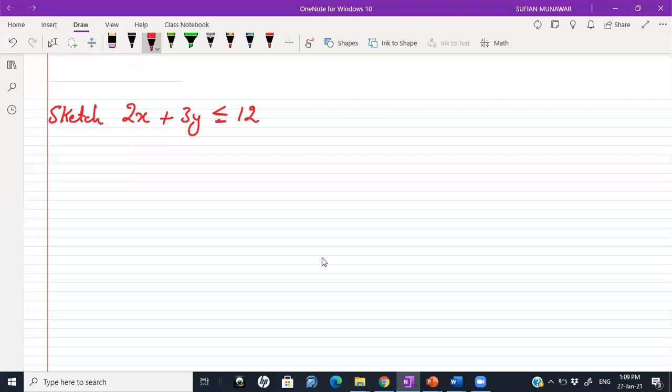In order to solve this kind of problem, first of all, we need the sketch of the corresponding equation.